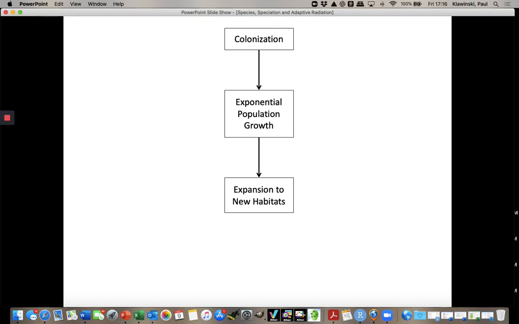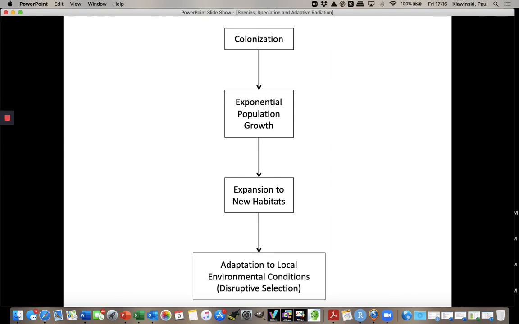Because there's now competition, when they get into these new habitats, they adapt to local environmental conditions, and this causes them to undergo disruptive selection. One subset of the population in one area does things one way, another subset in another area does things another way. Over time, these subpopulations will slowly diverge from one another.